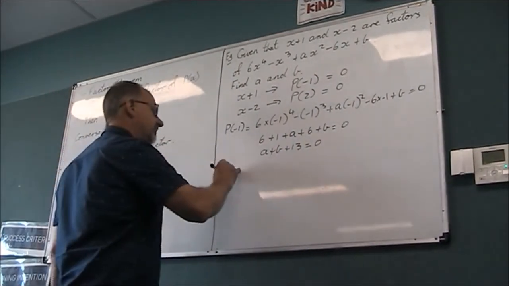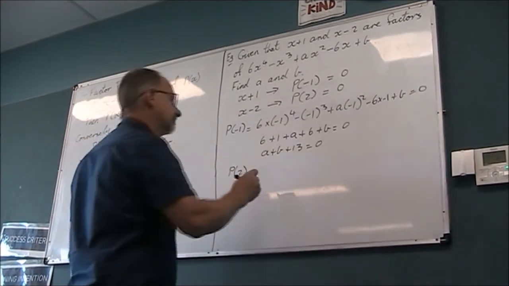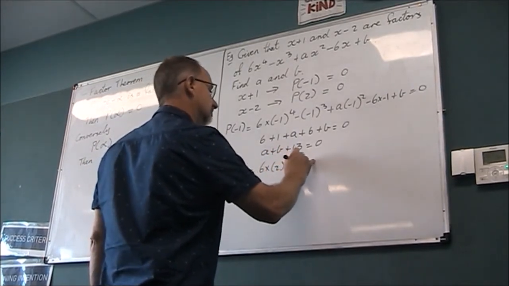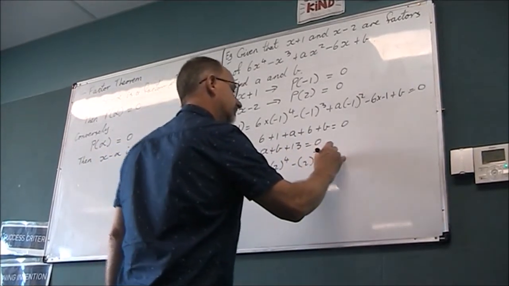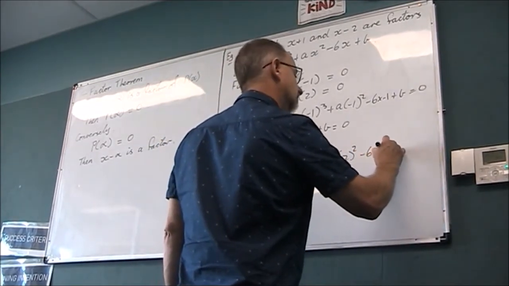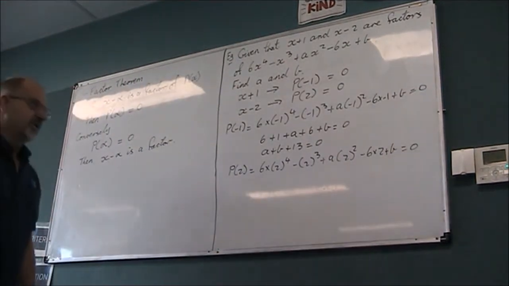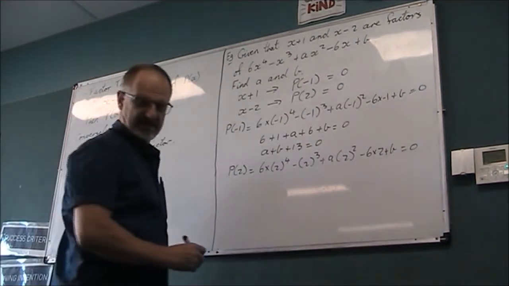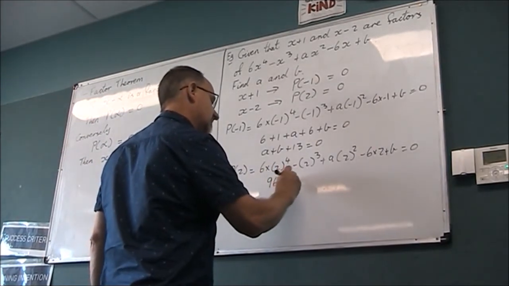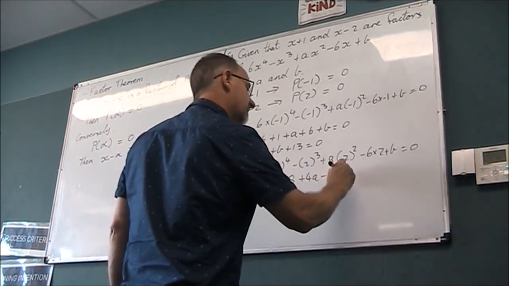And the p of 2, put them in. And when I work out those numbers, I get 6 minus 8 plus 4a minus 12 plus b.